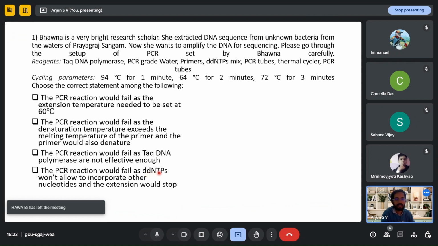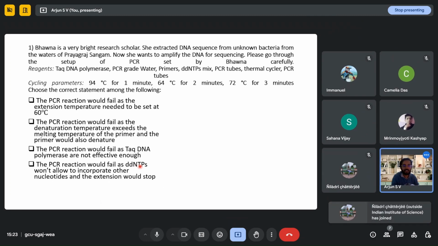In ddNTPs, what happens is, I don't have a figure here, maybe I can draw.